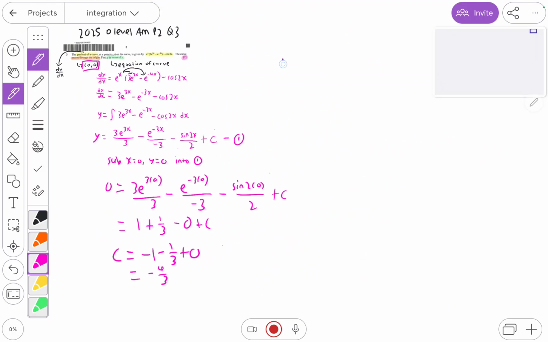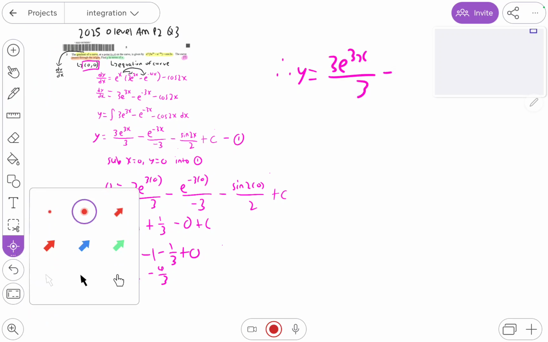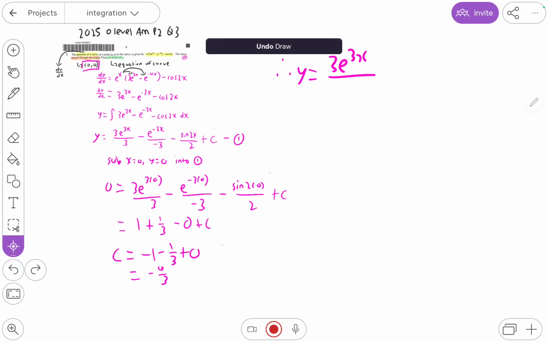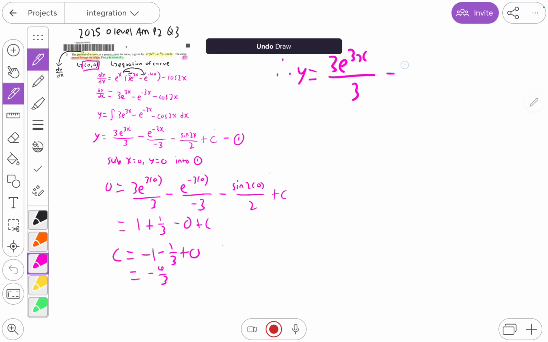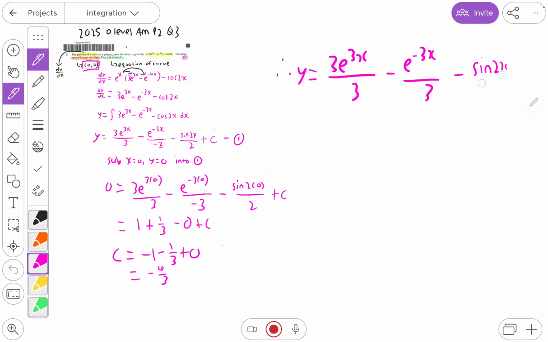So what can we say? We can say that therefore y equals 3e^3x over 3 minus e^(-3x) over minus 3, minus sine 2x over 2, plus minus 4 over 3. But do you remember that you cannot have the negative index form? So you must simplify your answer.